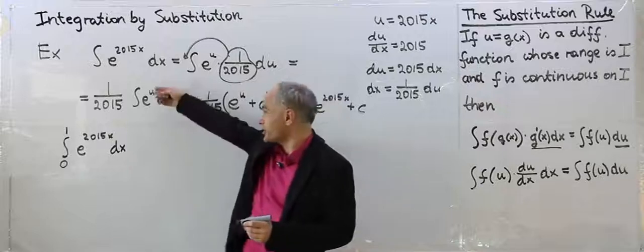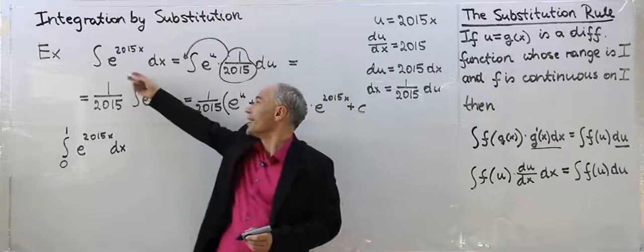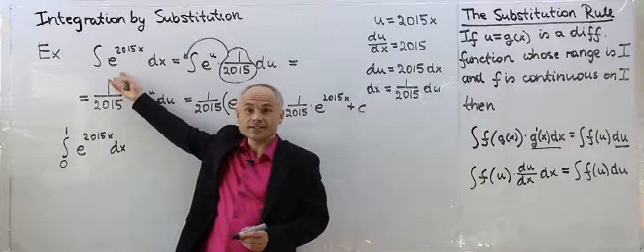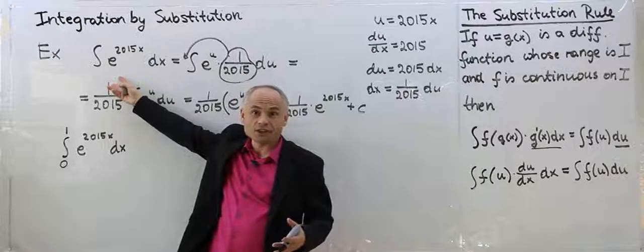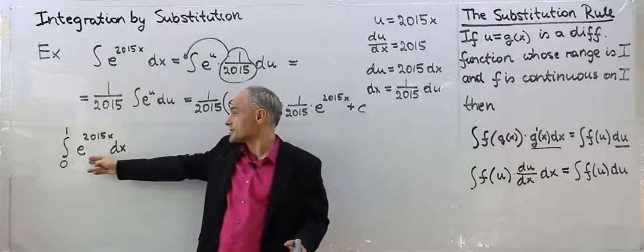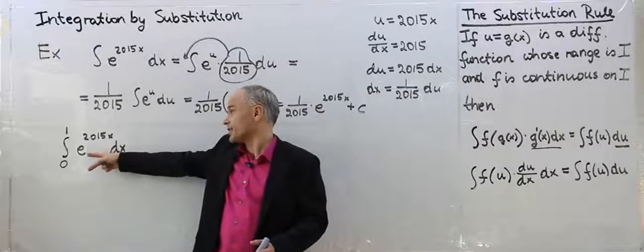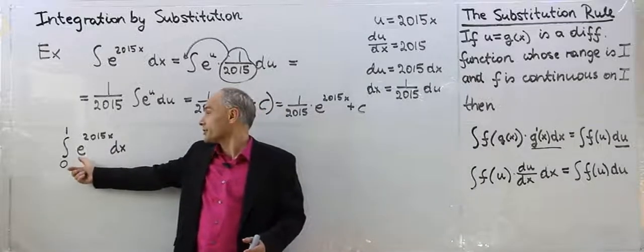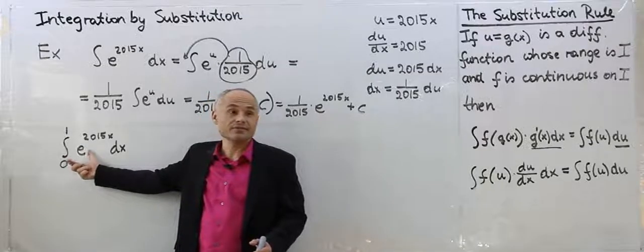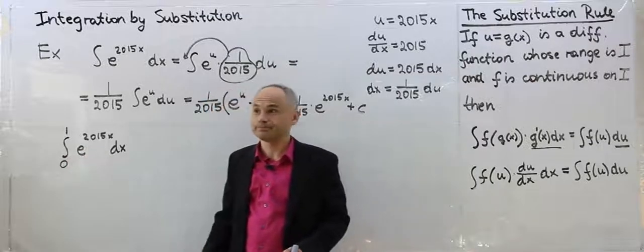Remember, the fundamental difference between the two integrals is that this represents a collection of functions, whereas this integral is a number. And that number is actually the area under the graph of e to the power 2015x between 0 and 1.